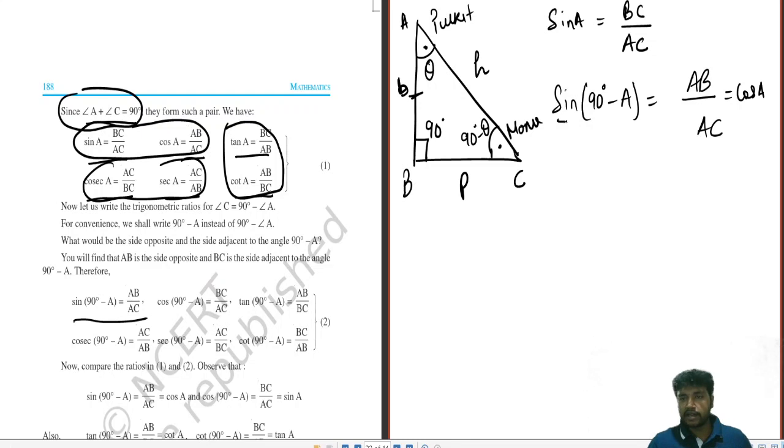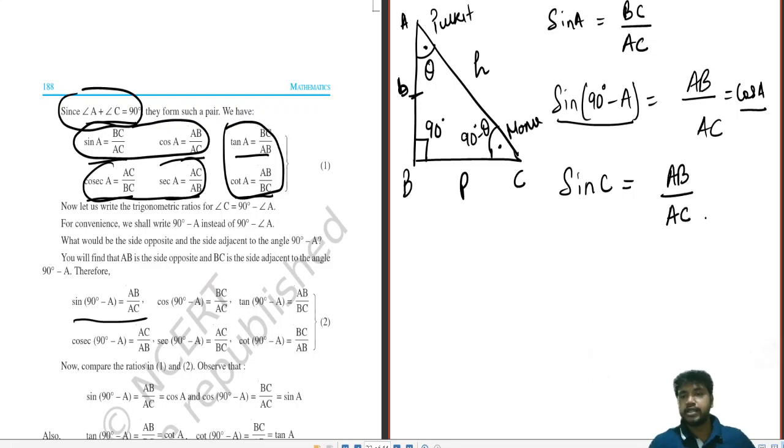So we can convert this sin 90 minus A into cos A according to Pulkit, because we are dealing with A over here. Now if we say sin C, so sin C will be AB by AC.